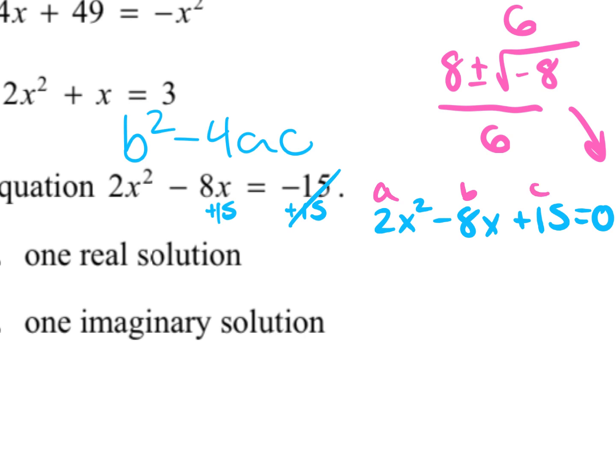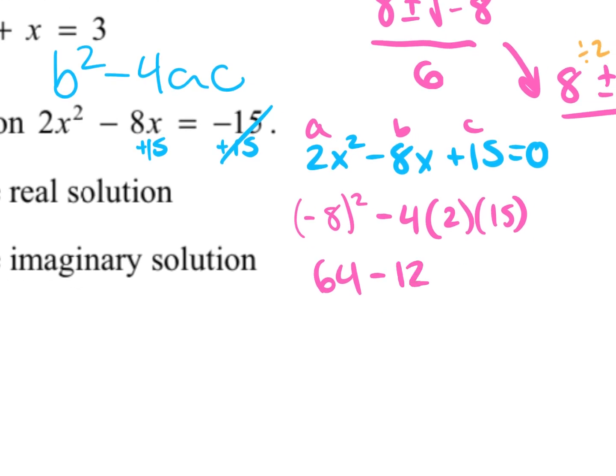So what would I get when I plug it in? 64 minus 4 times 2 times 15. So 64 minus 120. Yeah, it's going to be imaginary. So this would be what? Negative 56.